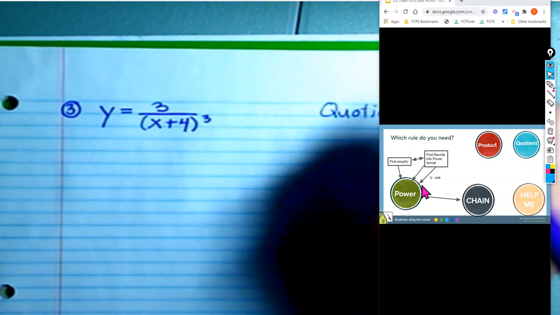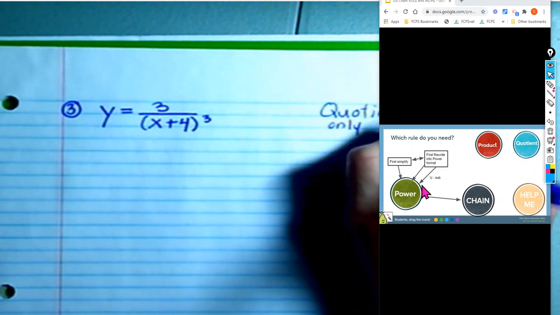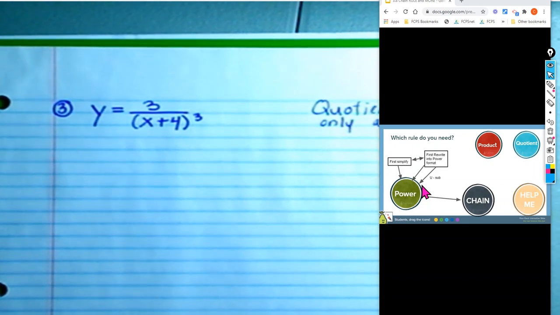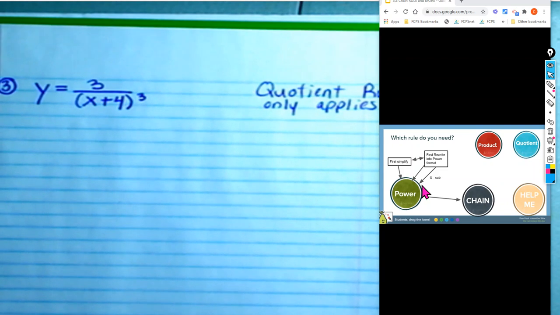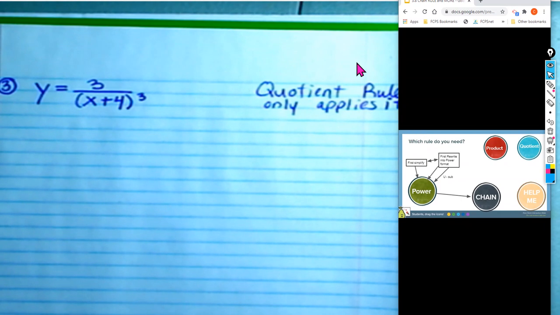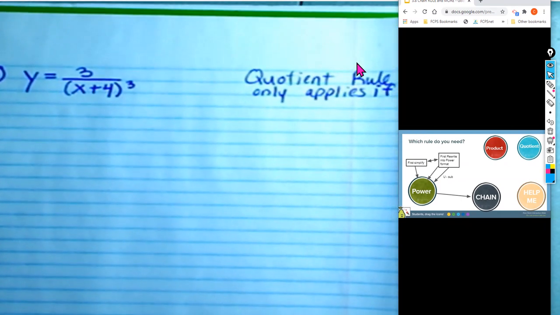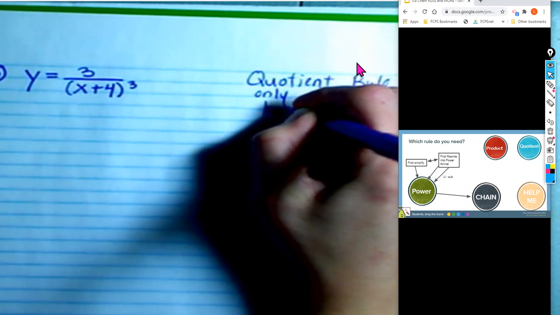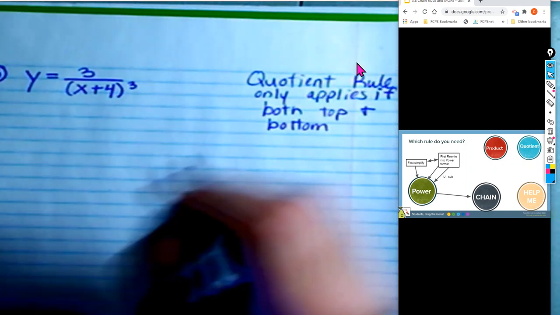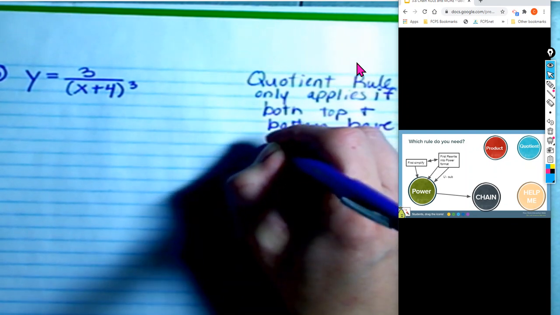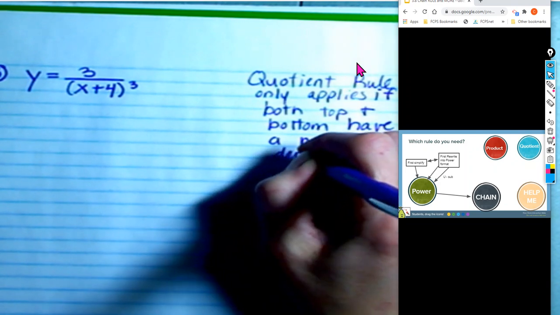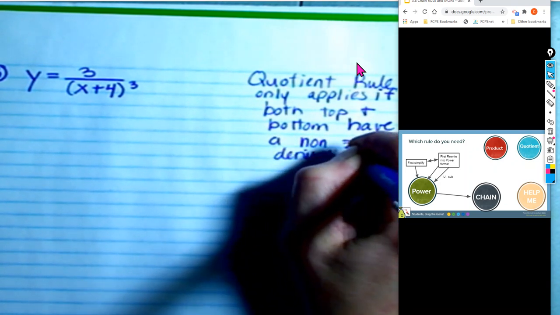Quotient rule only applies if both top and bottom have a non-zero derivative.